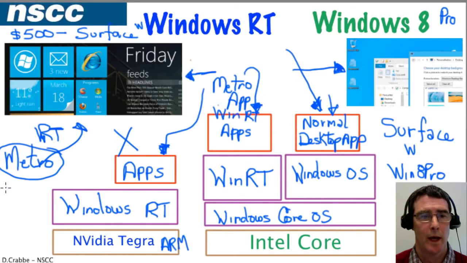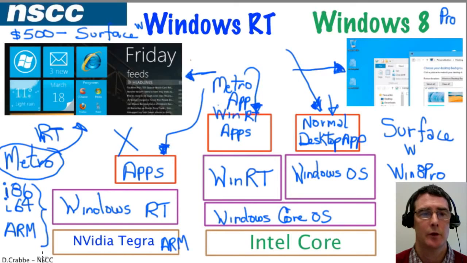You'll find that apps that you can purchase often have a designation of x86, meaning they'll run in a 32-bit version. x64 means they'll also run in a 64-bit, and then you may see the letters ARM, meaning it will run on an ARM or a Windows RT operating system. So if your app that you purchase has these designations, it will run on any of the Surface devices. However, if your app just has one of these two designations, it will not run on the Surface Windows RT.